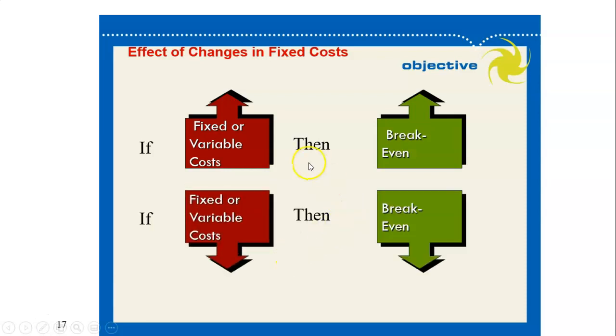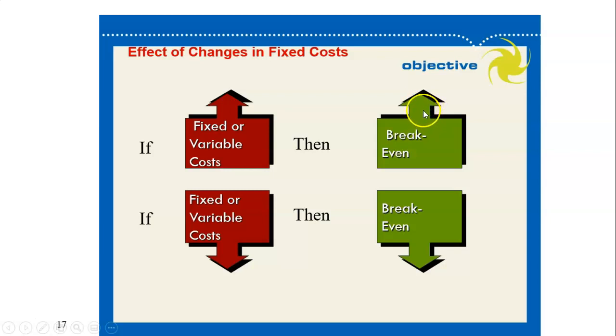Okay, this slide is just telling us that if either the fixed or the variable costs go up, then our break even, how many units we have to sell, will also have to go up, because our profit will be lower.